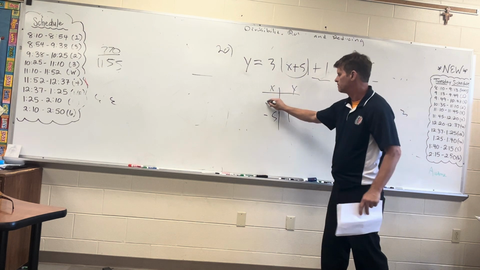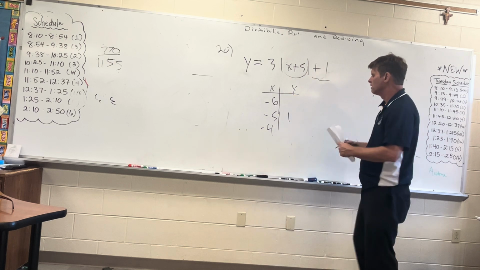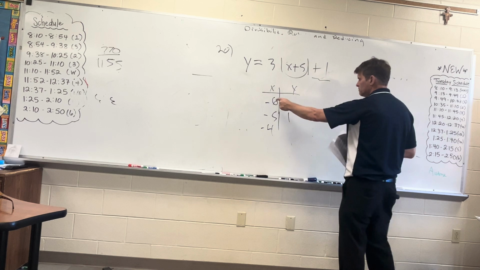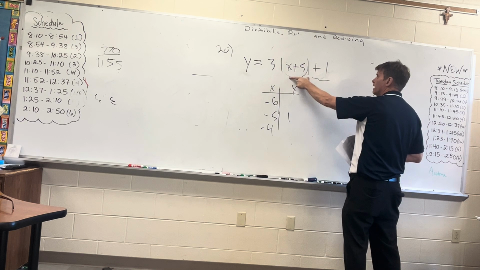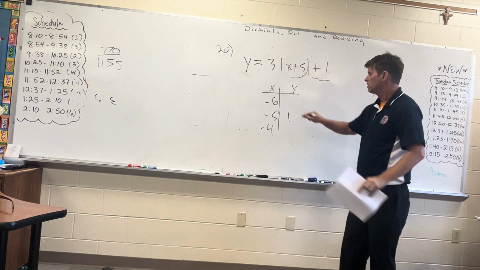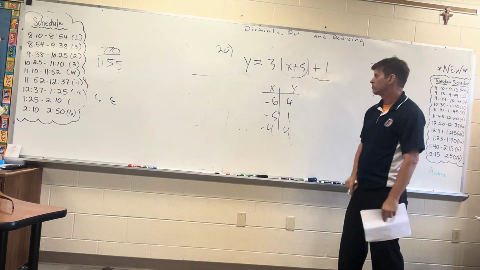Then it says to pick one value lower than negative 5, one value higher than negative 5, one like integer value. Plug it in, negative 6 plus 5 is negative 1, absolute value of negative 1 is 1, times 3 is 3, plus 1 is 4. If you go the same distance from the vertex, this will be 4 also.